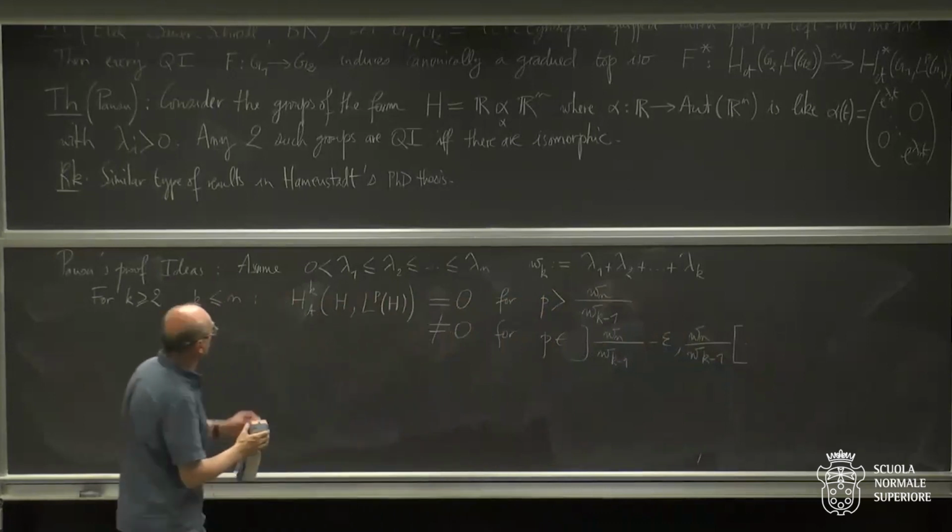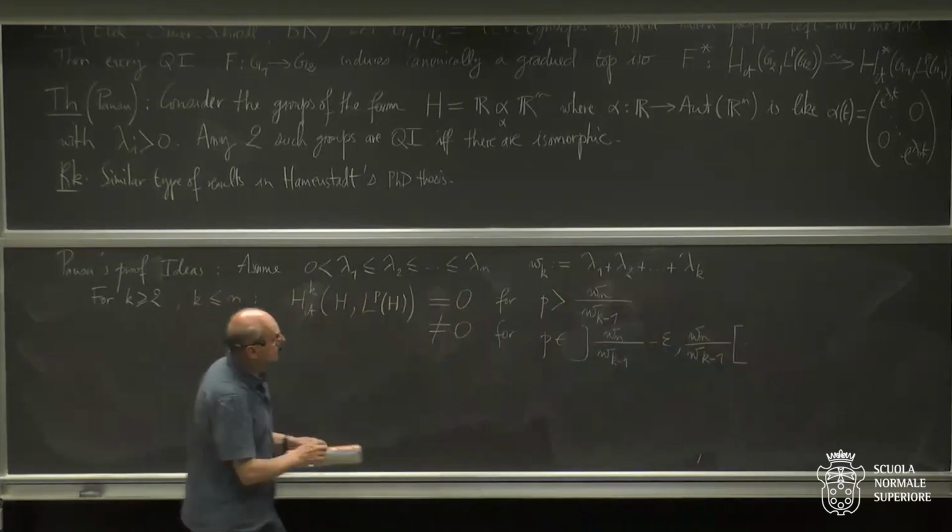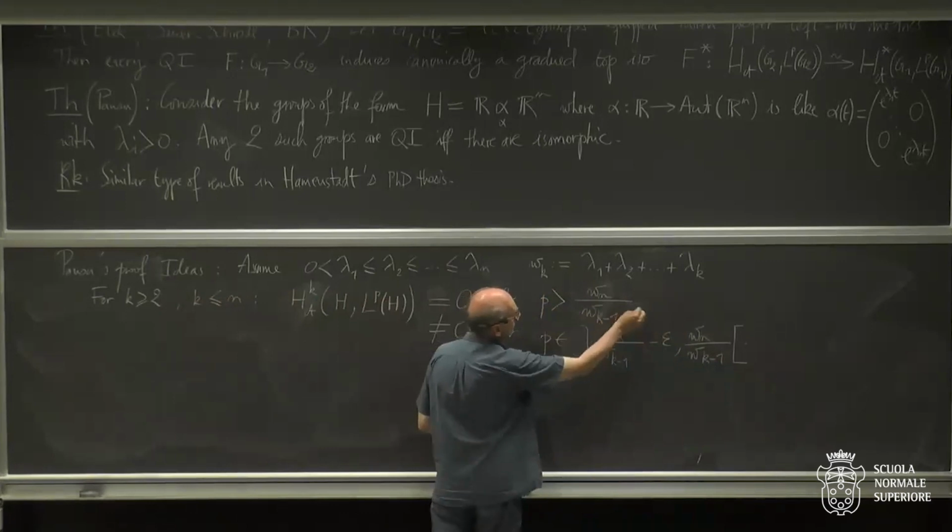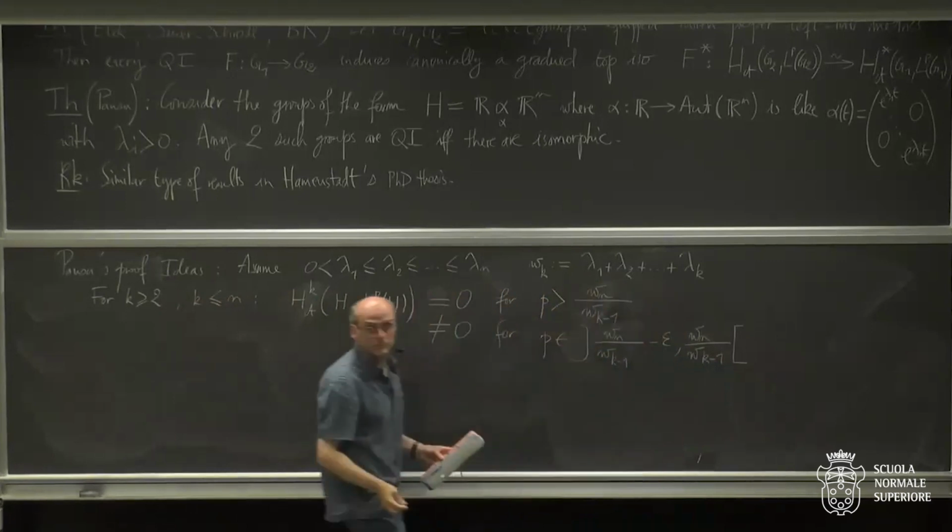Okay, and because this is invariant by quasi-isometry, you get that these numbers are quasi-isometric invariants.